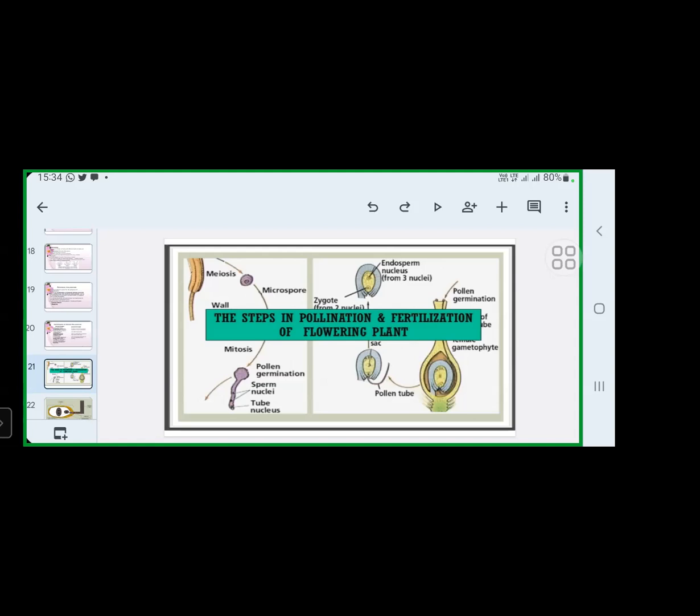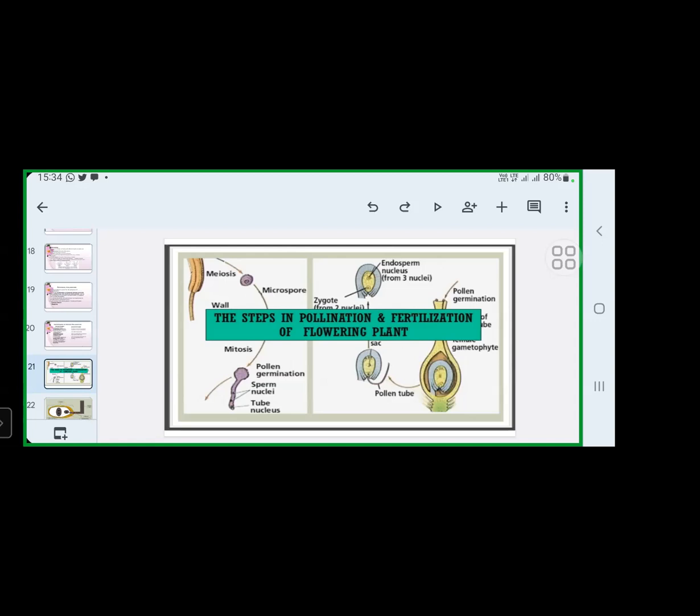Its structure helps in receiving the pollen grains and helping in their germination, followed by entry of the pollen tube into the ovary, the ovule and ultimately into the embryo sac, resulting in fertilization.